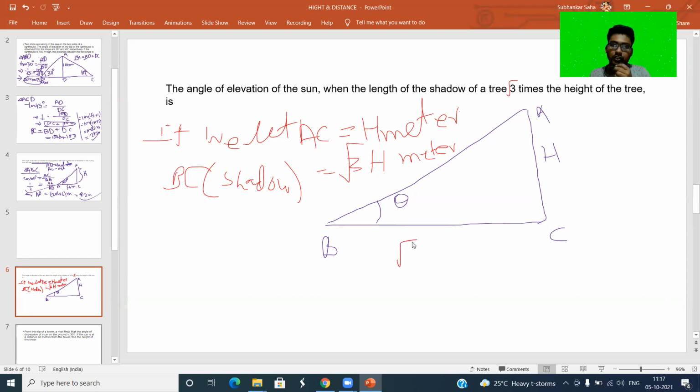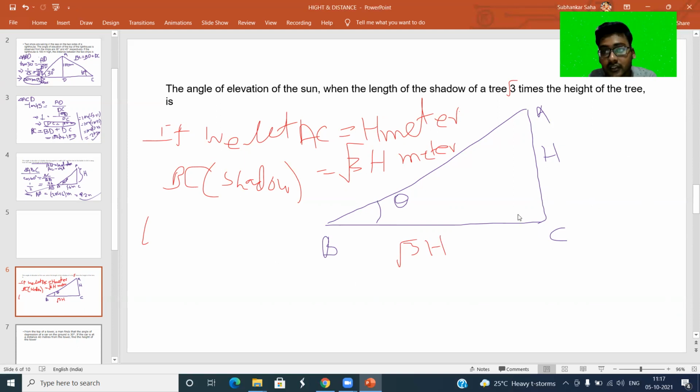If BC's value is root 3h, and AC is h, then we take tan theta, because in this question we get the angle of elevation.